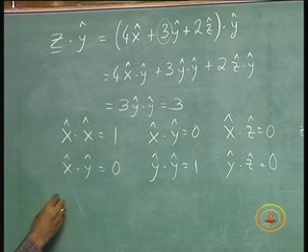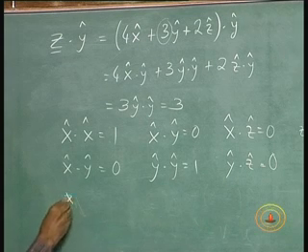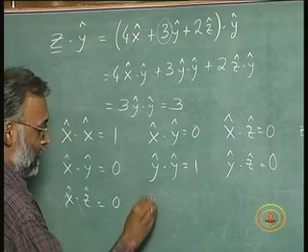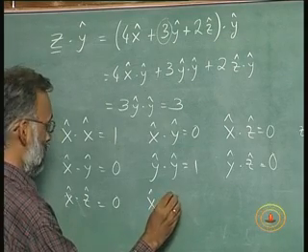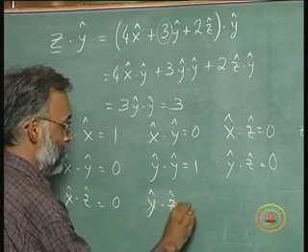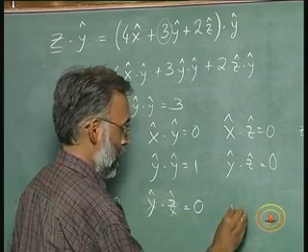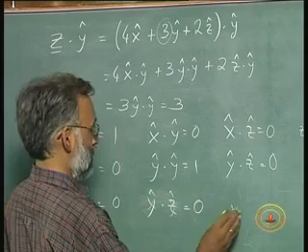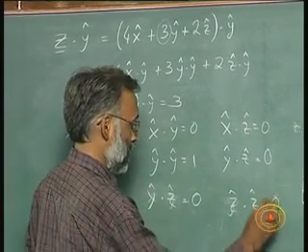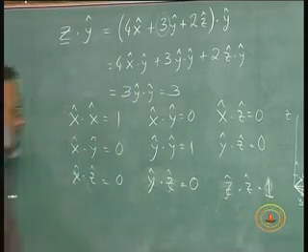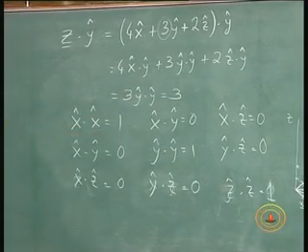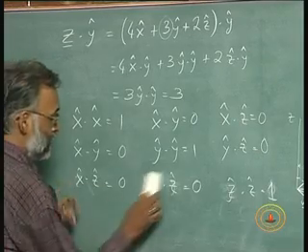Thirdly, z hat dot z hat equals 1. You should get a unit matrix.